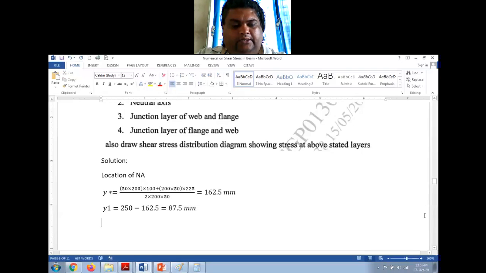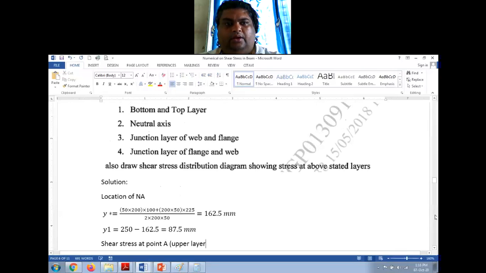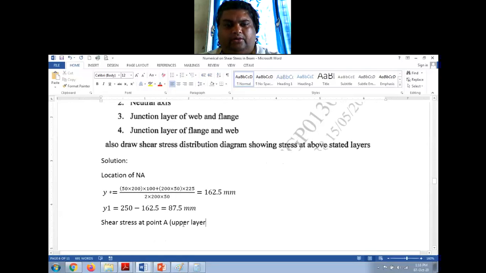Okay, let us start. Shear stress at point A, right? Which is the upper layer, the top layer, right?